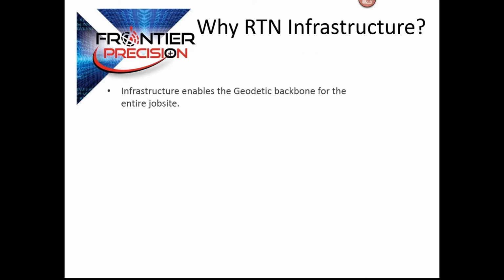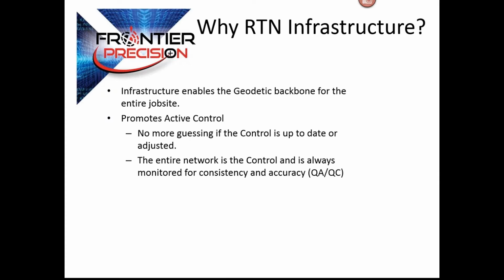So why would we want to use an RTN, or real-time network infrastructure? Infrastructure enables the geodetic backbone for an entire job site. It promotes active control. Many people that I've worked with and trained over the years, when they used to have to set up a single base on control, there's always the problem of guessing: is this the right control point?